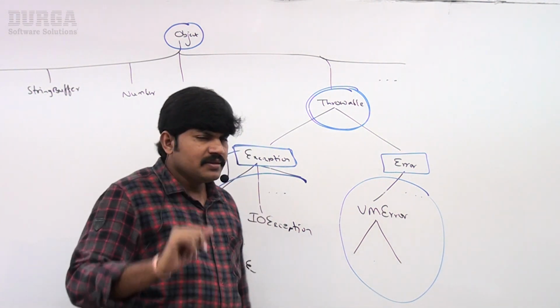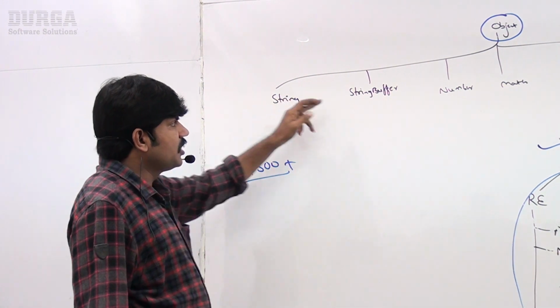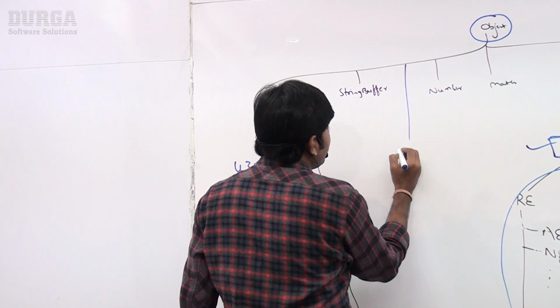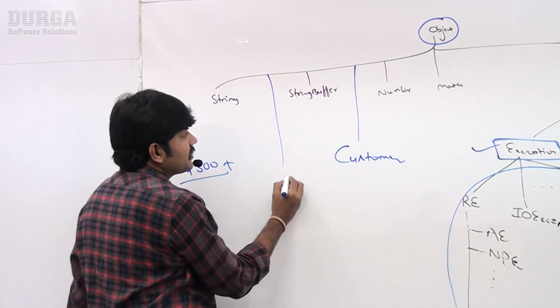Clear, right? Similarly, it may be the String class, the StringBuffer class, the Number class or Math class, it may be a Customer class, it may be a Student class.